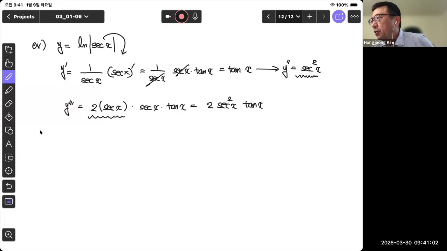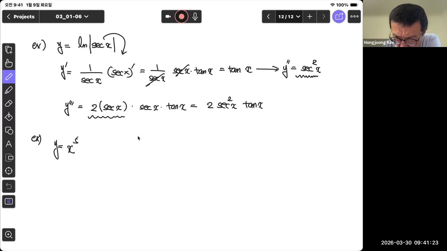And we have some more complicated examples. Oh, yes. How about this one? y is given by x to the sine x. So please be careful with this example.